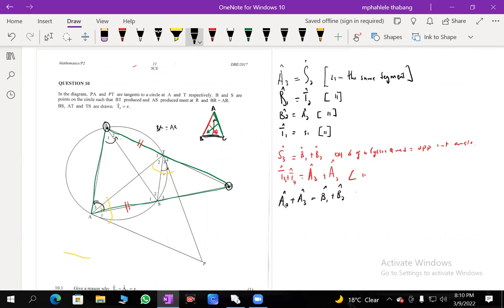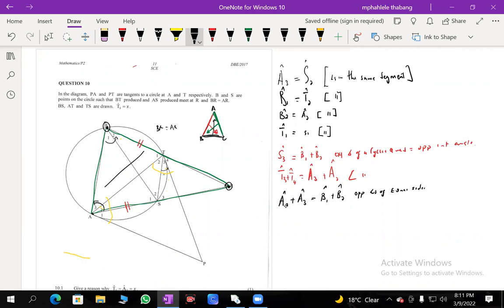What is the reason? Opposite angles of equal sides. Yes. In this case, side BR equals side AR. Which angle is opposite to side BR?